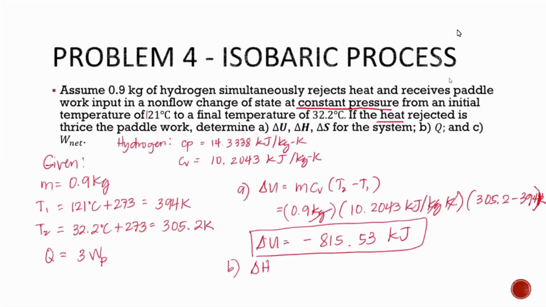Yan, the delta H is equal to, ang pinagkaiba lang niya dito is CP ang gagamitin natin. Yan. So, 0.9 kilogram. Ang CP naman natin is 14.338 times T2 minus 394. Okay? What is delta H?